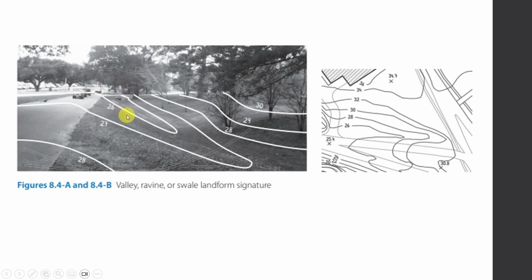It's got a contour line tracing elevation 26 right here and kind of pointing uphill. So these are going to turn and they point in the uphill direction. Over here on the plan, you can tell that this is a valley because it's got these points, and they're pointing uphill, going up.